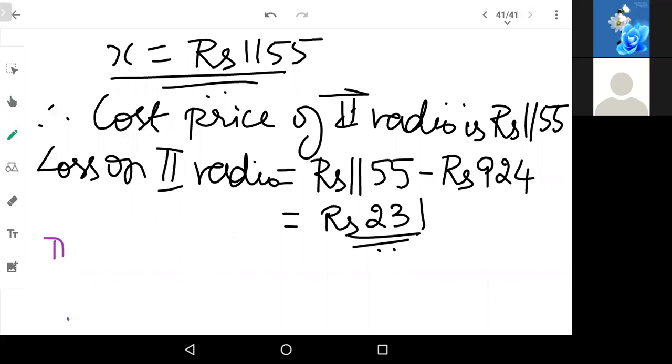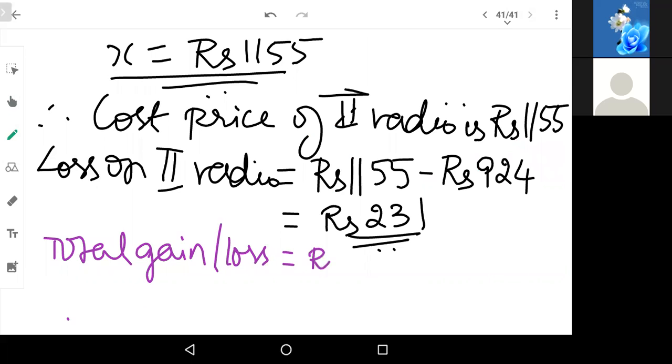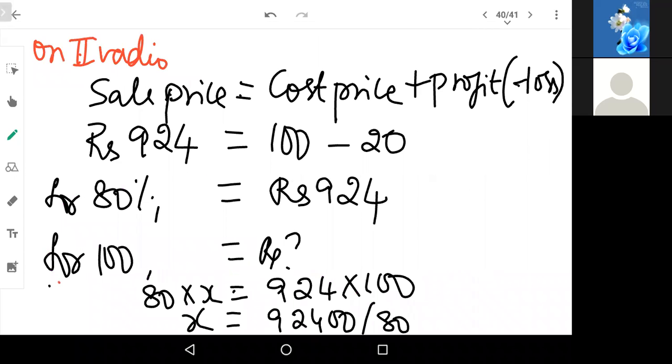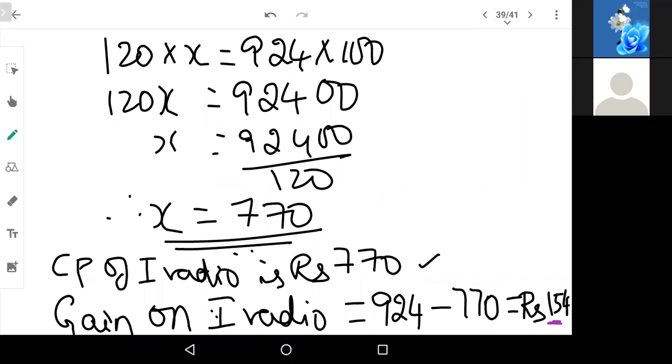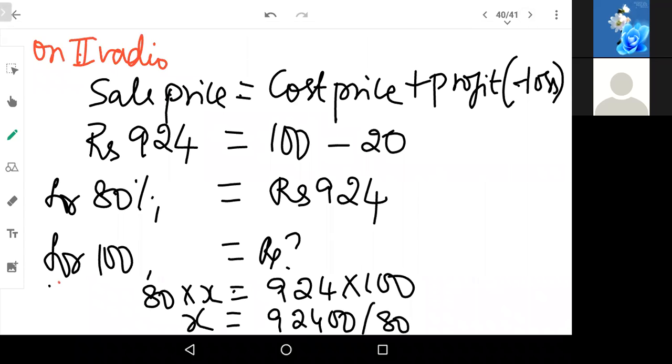So, from the second radio, he has got a loss of rupees 231, but he has got a gain of rupees 154.